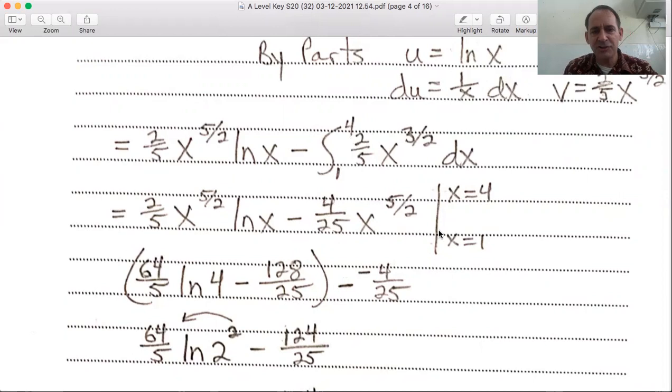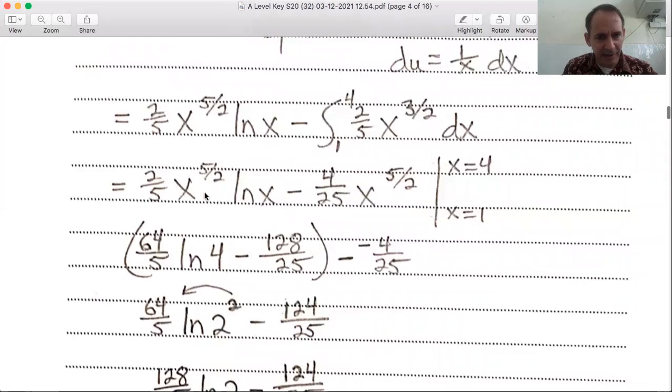And don't forget the minus out here, we're going to evaluate all of this from 4 to 1. So when you plug in a 4 into these, you get 64/5 ln 4 minus all of this comes out to 128/25, minus, then you plug in a 1.